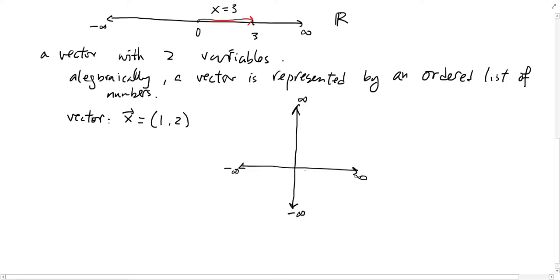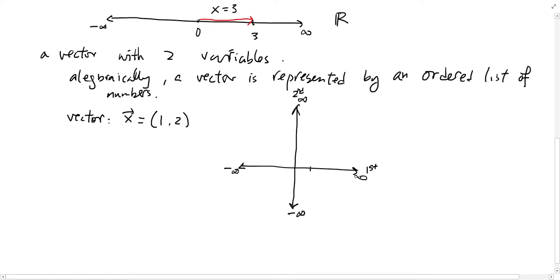And now let's say I want to look at this vector 1, 2. So how does it work? The horizontal one usually represents the first number on the vector, while the vertical one usually represents the second number on the vector. So for this vector x, which is equal to 1, 2, we basically represent 1 on the first number line and 2 on the second number line.